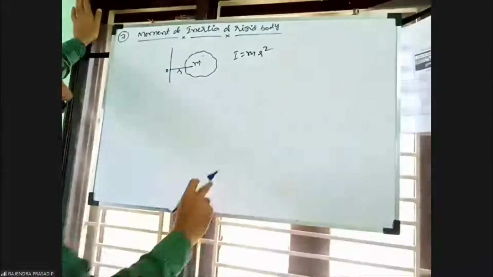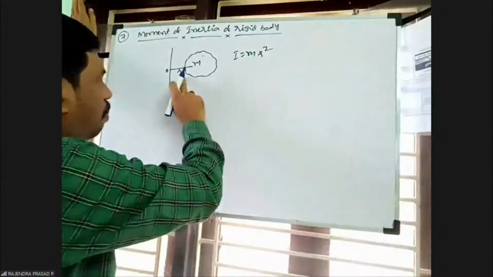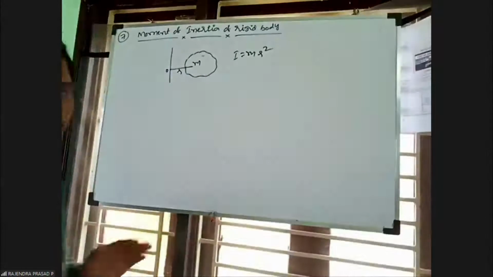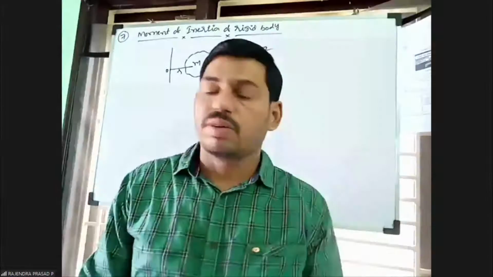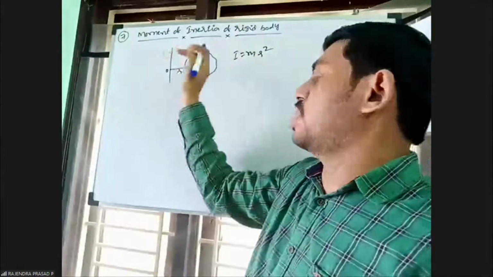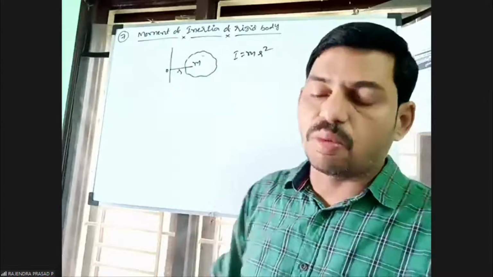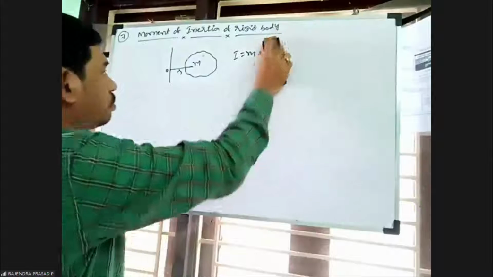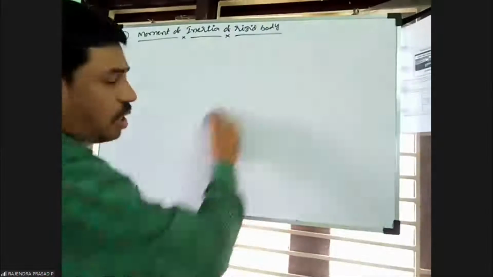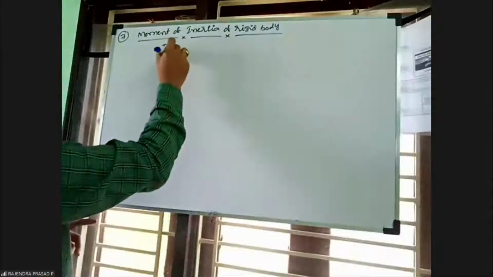What is mr square? The product of mass and square of the perpendicular distance from axis of rotation. The product of mass of the particle and the square of the perpendicular distance from axis of rotation is called moment of inertia. So I is equal to mr square.